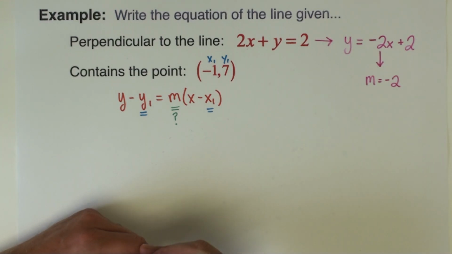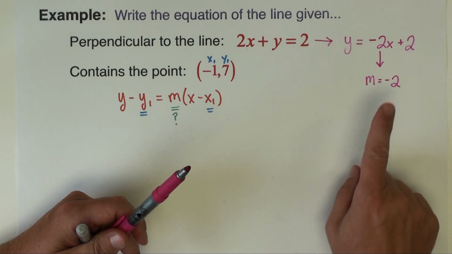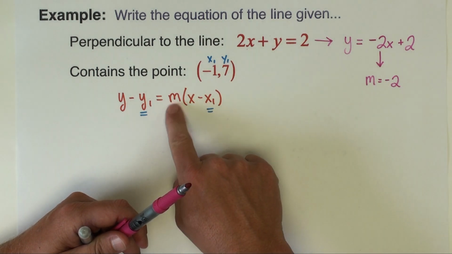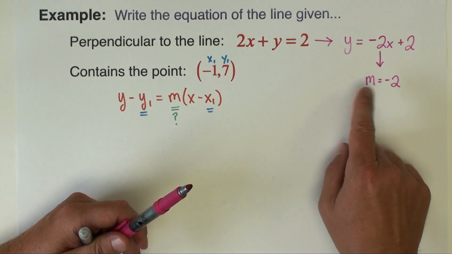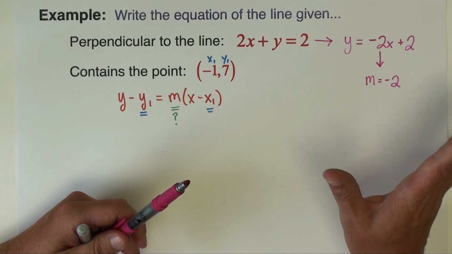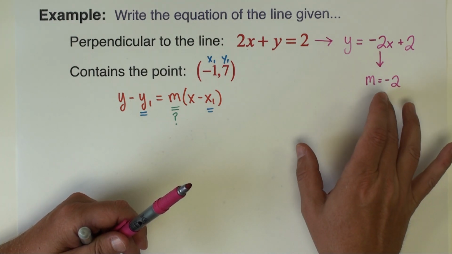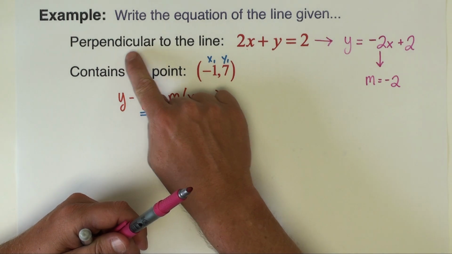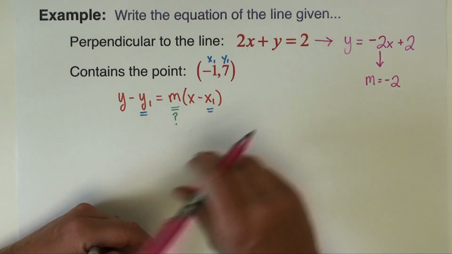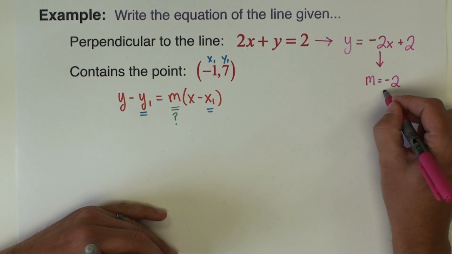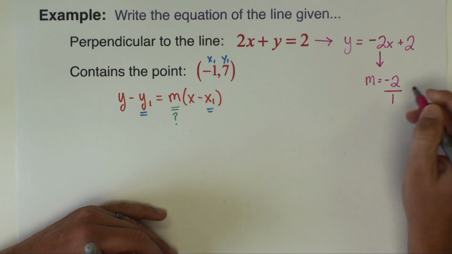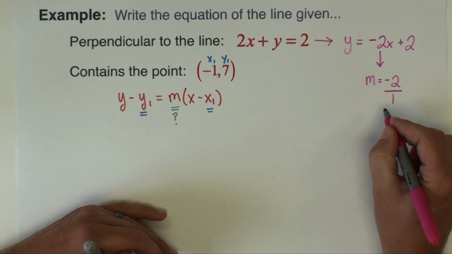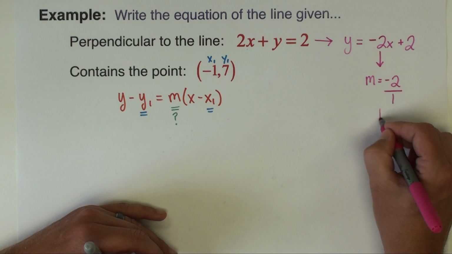Now, I don't want to use that slope. If I use -2 here, then I'm making a parallel line. I don't want the same slope. To be perpendicular, I have to change this slope. So this slope, which is -2, which is -2 over 1, I have to do the opposite and reciprocal.